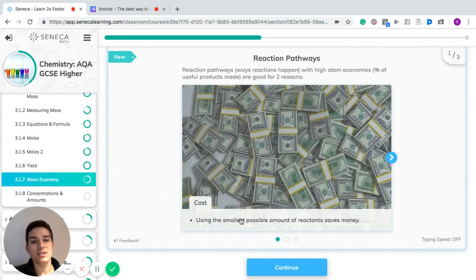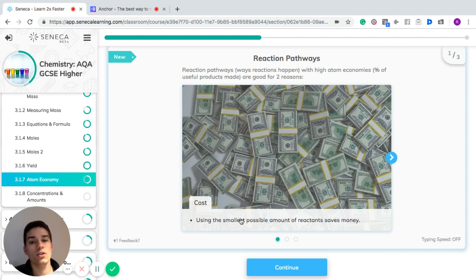And all that means is that 50% of the mass of the atoms that are in the reactants turn into useful products in the reaction. So reaction pathways, which are ways that reactions happen, with high atom economies are good for two reasons.